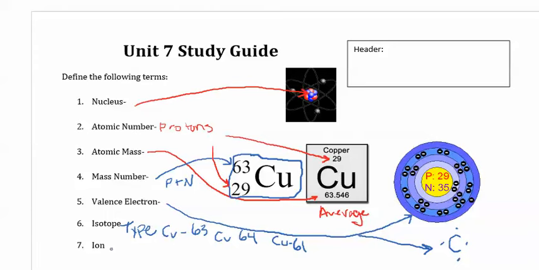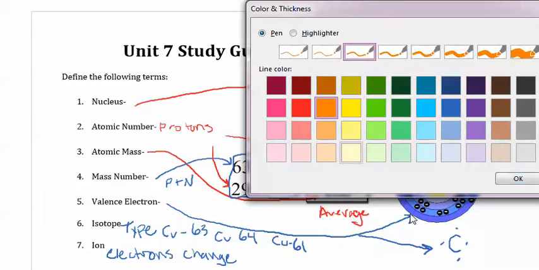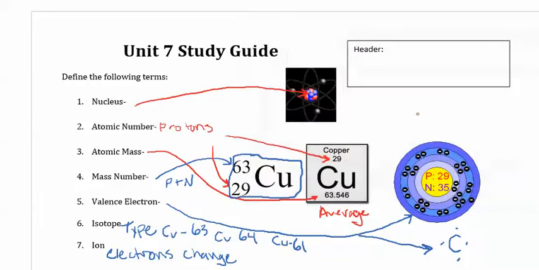The last one on the page is ion. This is when the electrons change. What I mean by that is if you have neutral copper, so I'm going to grab a different color here just to represent what we're talking about. I'm going to grab this space up at the top right corner. I'm running out.